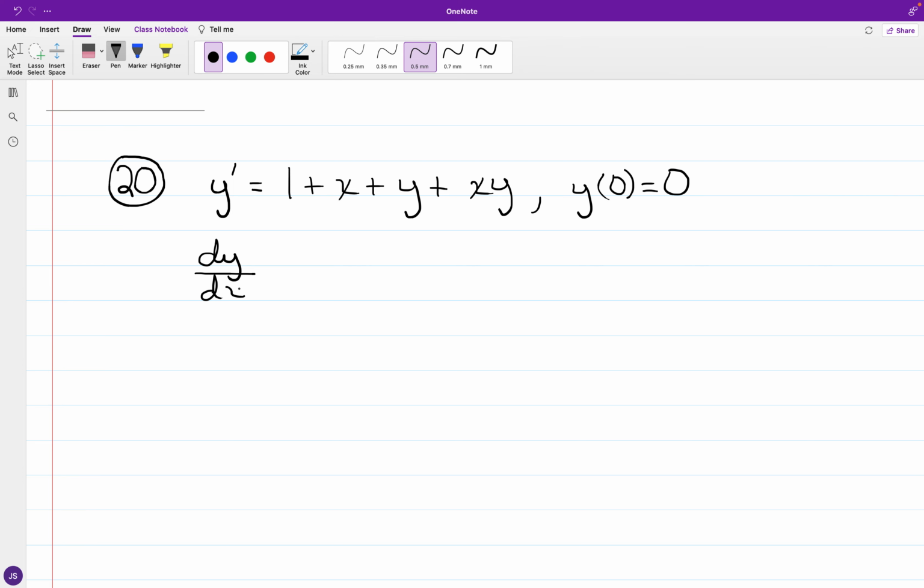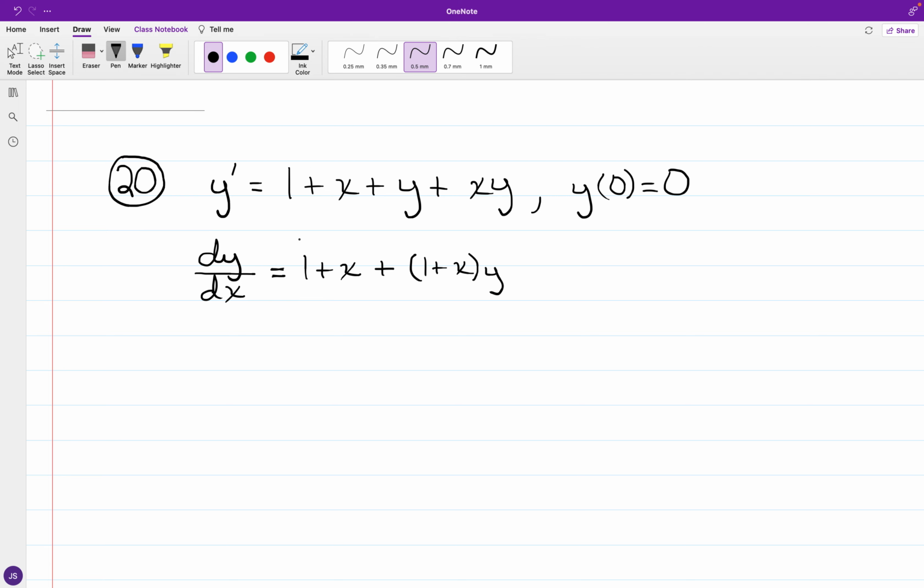So for y prime, if I utilize Leibniz's notation, you have dy over dx is equal to 1 plus x, and putting in terms of a single y, y plus xy is going to be the quantity of 1 plus x times y.